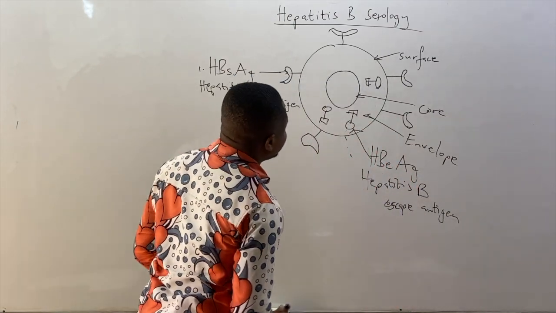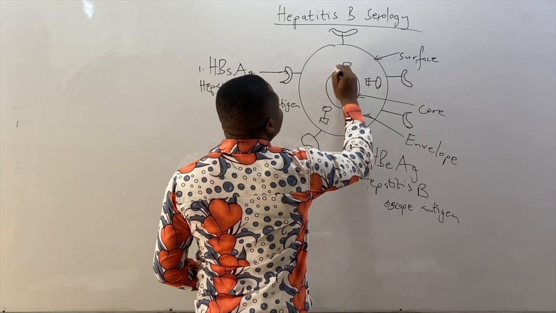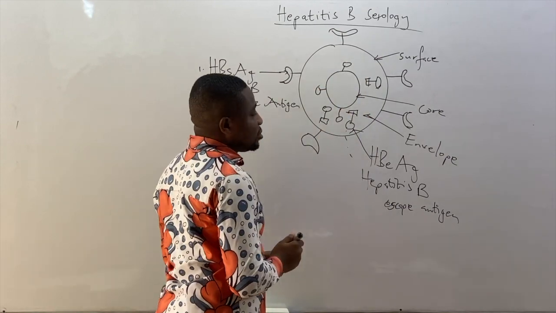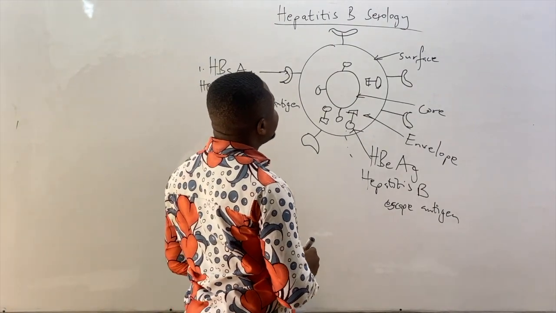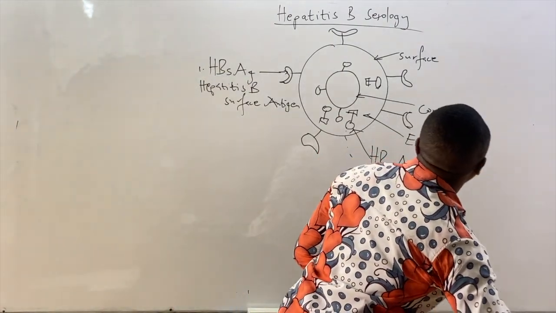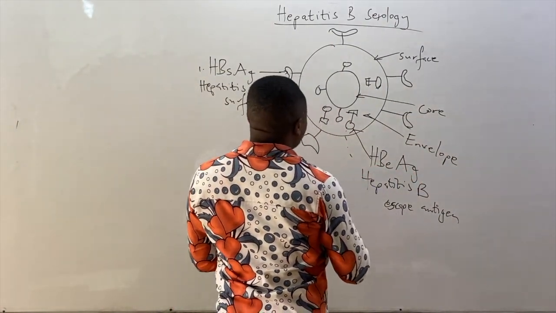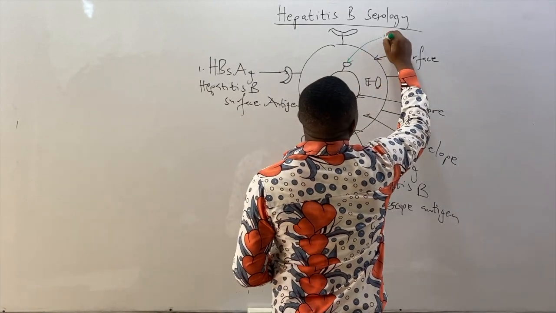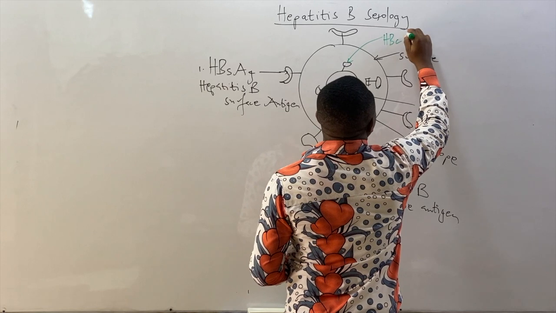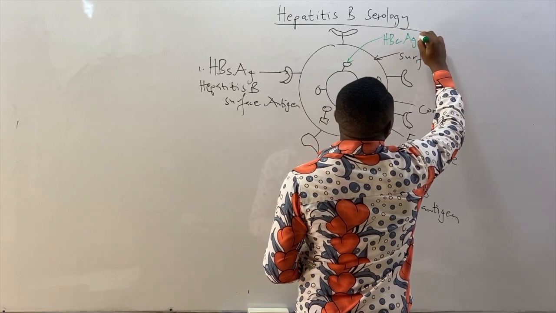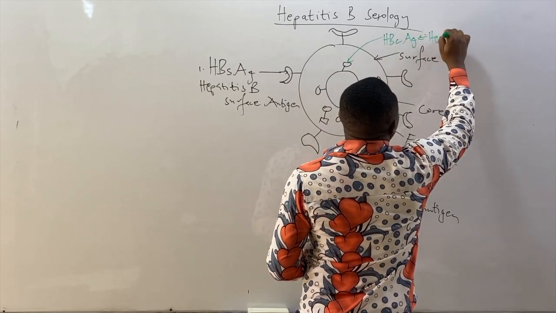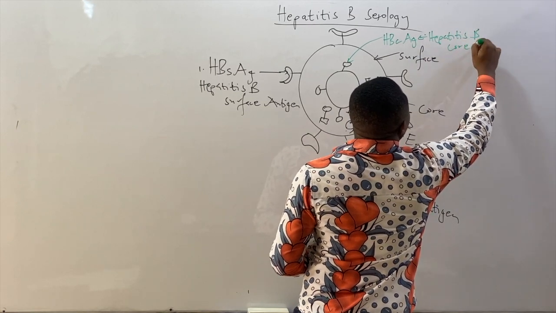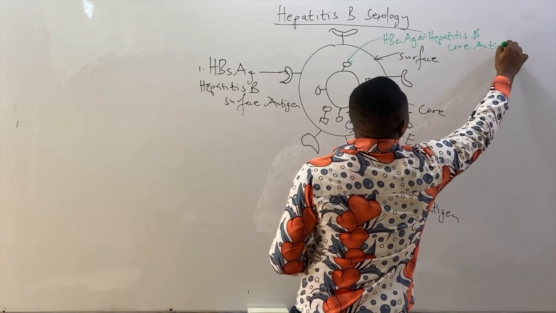The next one we are going to have is situated on the core. So on the core, we will have hepatitis B core antigen. For the hepatitis B core antigen, they are located on the core of the virus.